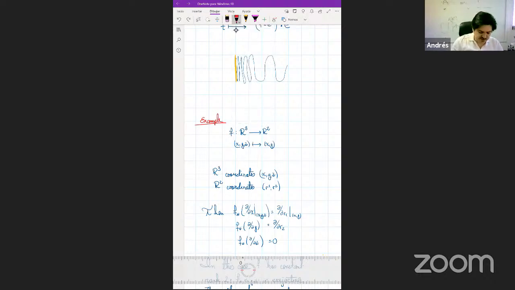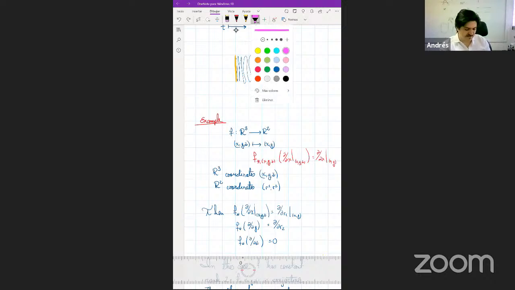Or again, if you use the same coordinates, we have F lower star at X, Y, and Z. Like this, right? Now I'm using the same notation here.